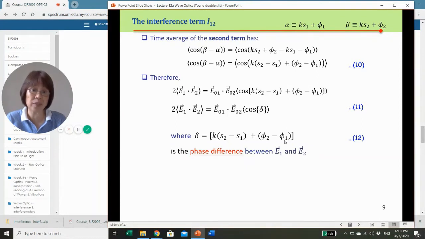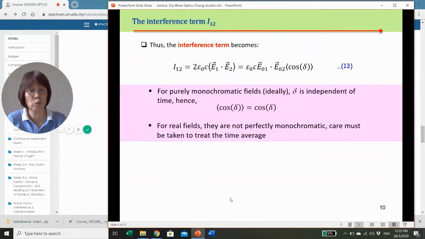So delta is the phase difference between wave 1 and wave 2. This part has to do with the path difference, because of the distance that the waves travel to the meeting point, and this has to do with the difference in the initial phases of the two waves.